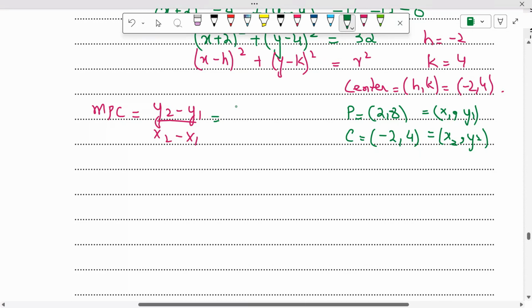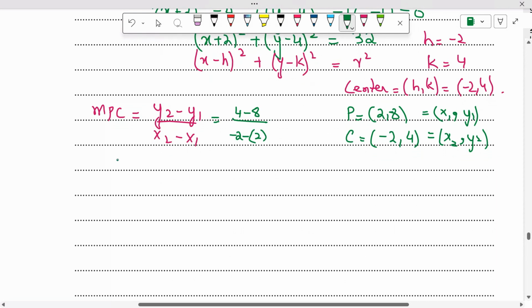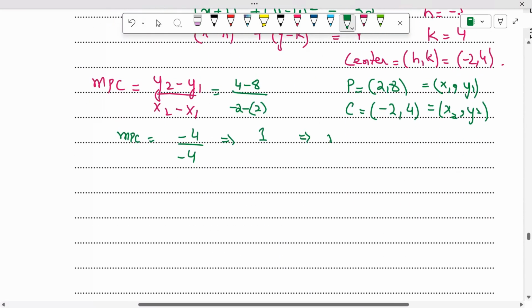So 4 − 8 over −2 − 2. So m_PC is −4/−4, which equals 1.